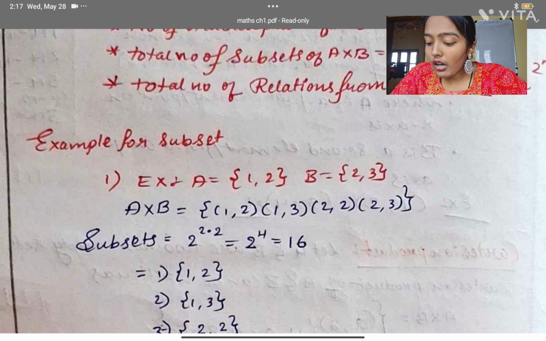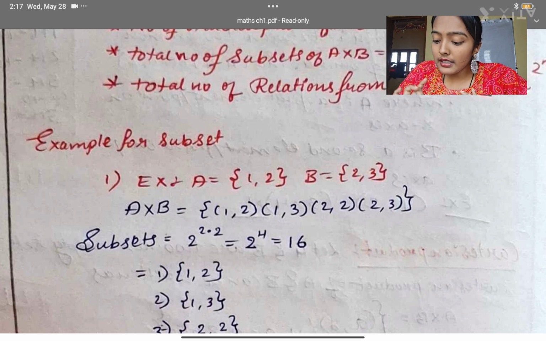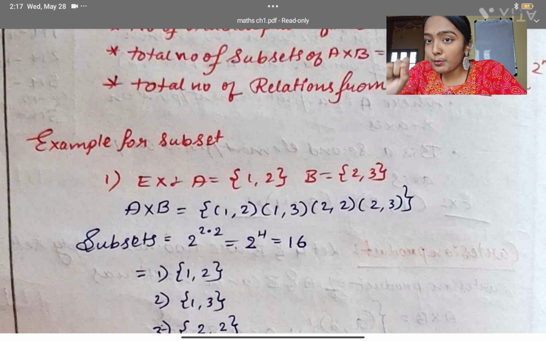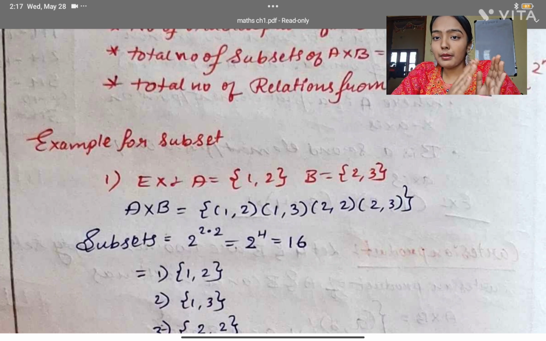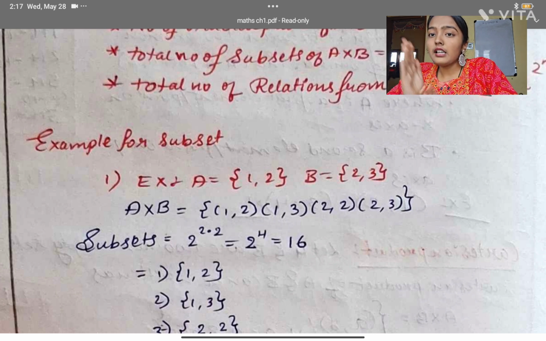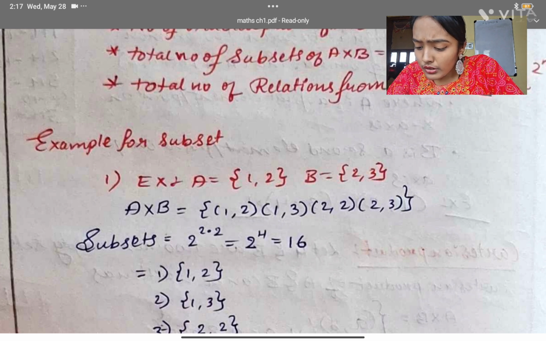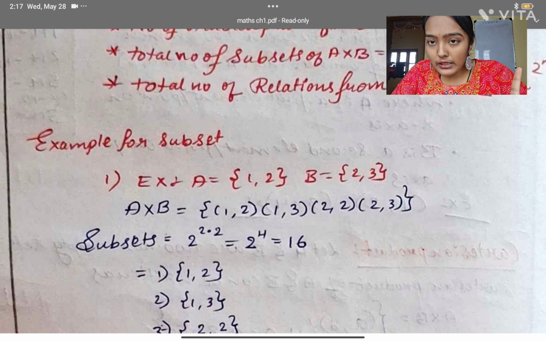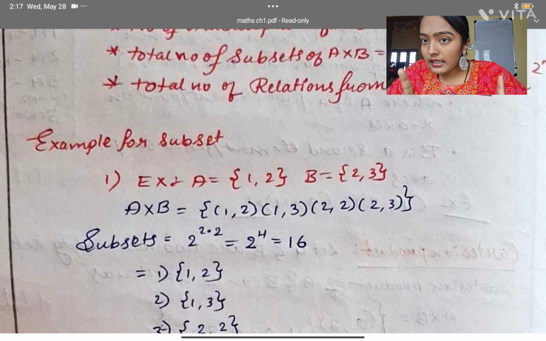And in set B, they have n number of elements, which means 2 elements here. Okay, the comma is a separator. Comma is put because we are talking about separate numbers: 2 is separate, 3 is separate, 4 is separate, like that. In 2, 3, 2 is the first element, 3 is another element.